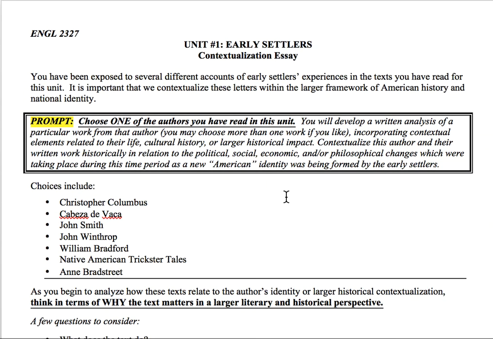So I know that's a lot of information. The point is that I want you guys to have some freedom here to talk about what you feel is important within these works. Again, make sure you keep the focus on the text primarily, and then secondarily work on incorporating information about the author's biography and the historical context. Go back, look at the lectures.